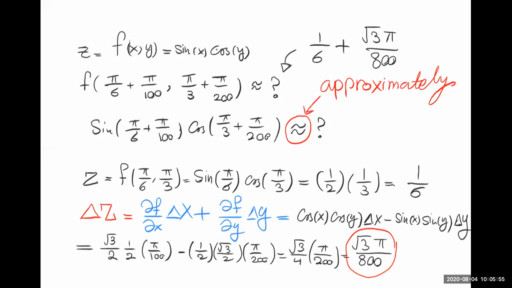Is there any question here? What do you mean by 1 over 4? Cosine of pi over 3 is equal to 1 over 2. That is correct.